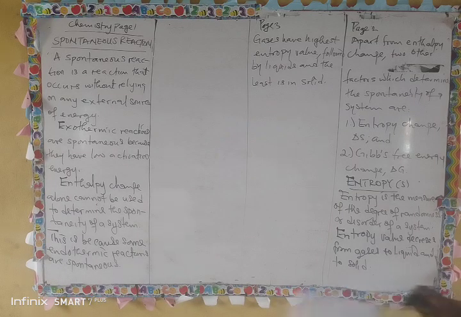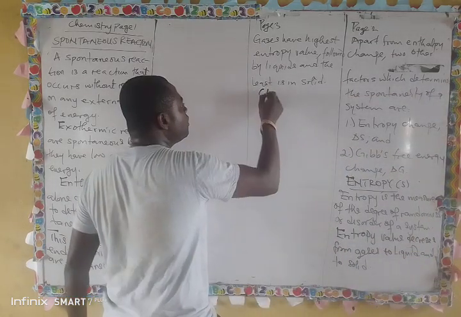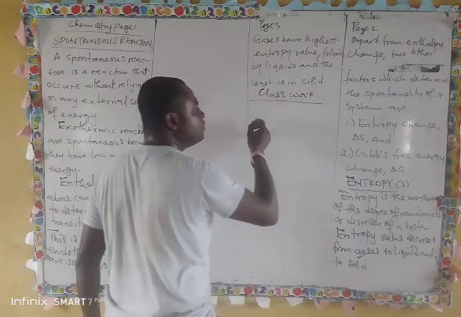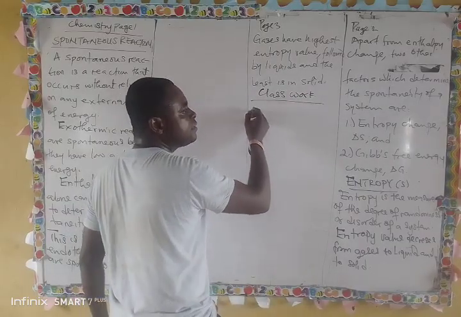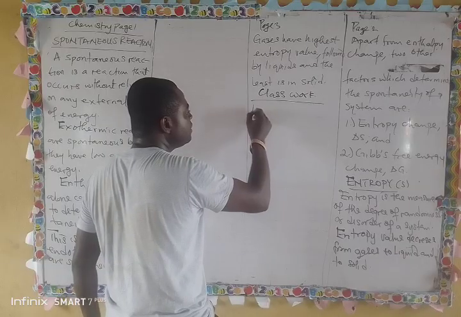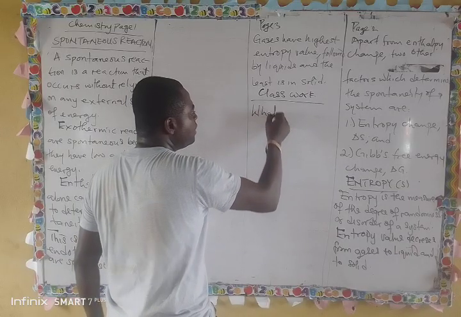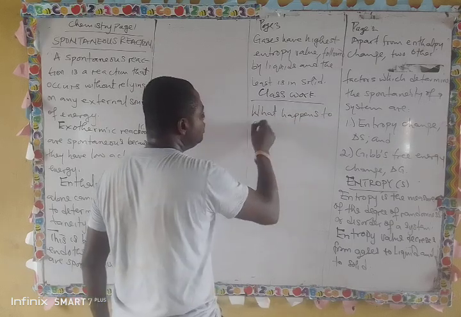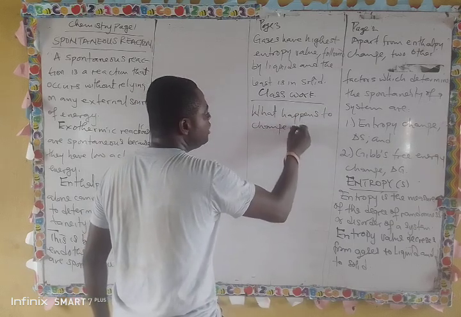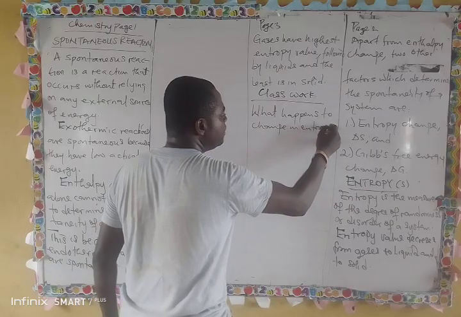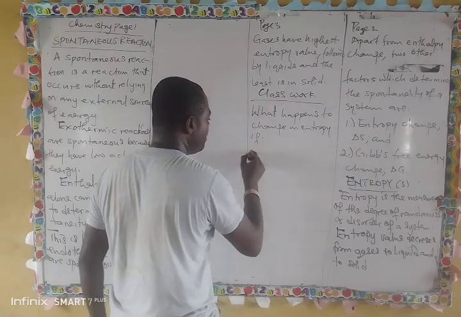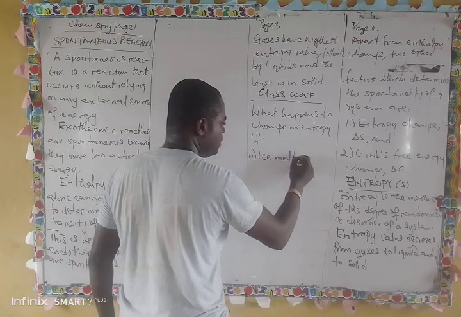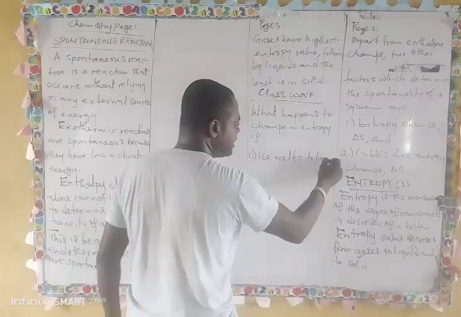Classwork, before I check the JAMB question. What happens to the change in entropy if, number one, ice melts to liquid? Answer me.